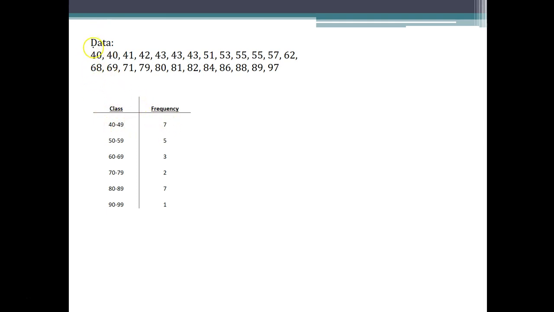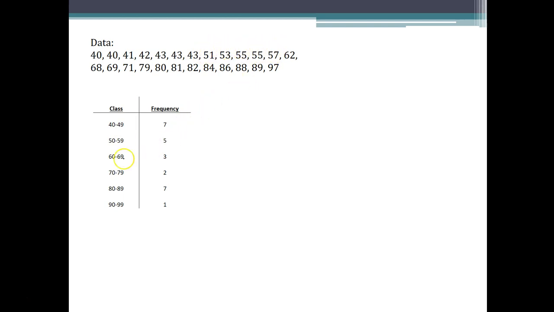So then we go back for the frequency and we ask, how many data points fall from 40 to 49? We have 1, 2, 3, 4, 5, 6, 7. So the frequency is 7. This particular table doesn't give you information on the specific data points, but at least you know the range and how many numbers fall within that range. 50 to 59, you have 1, 2, 3, 4, 5.